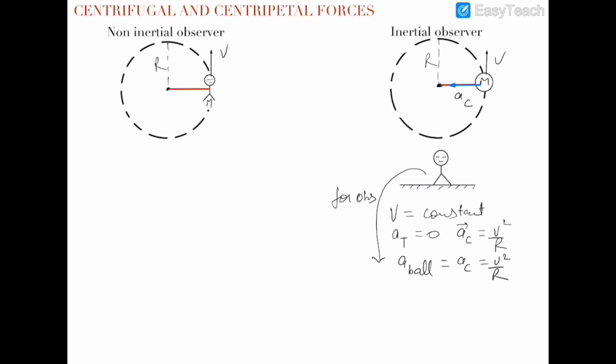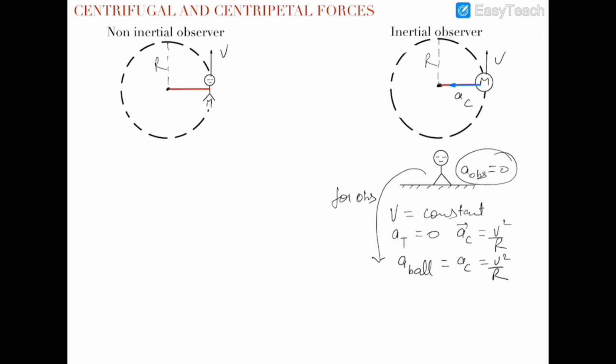So for this observer, who is an inertial frame of reference because the acceleration of the observer is 0, this ball is accelerated with the acceleration of v square upon r, and this acceleration is directed towards the center of the circle.